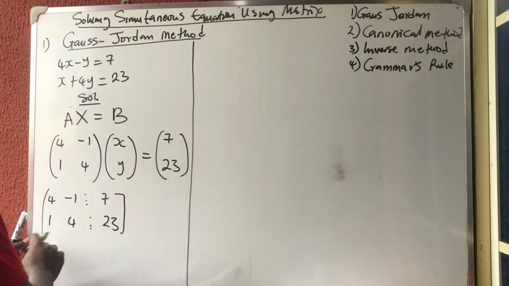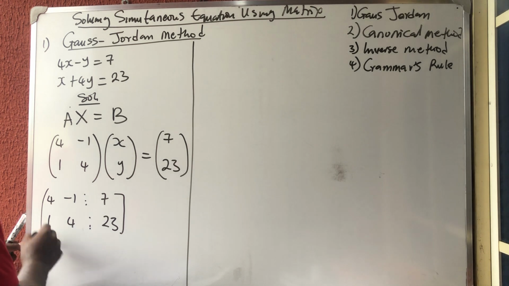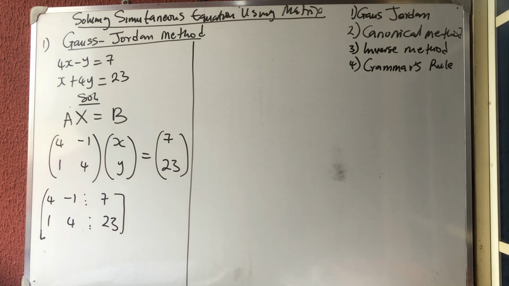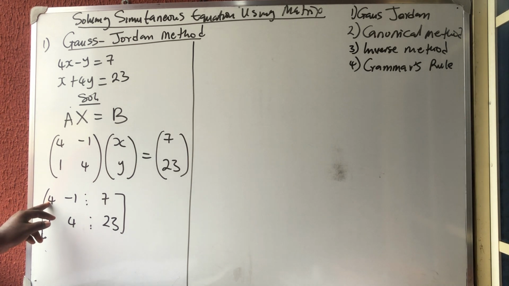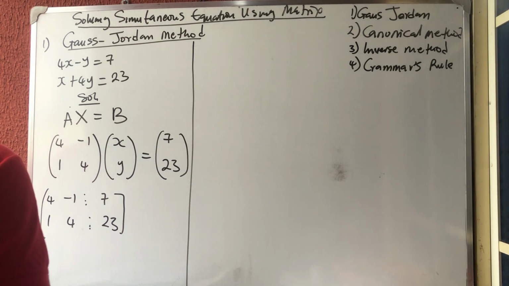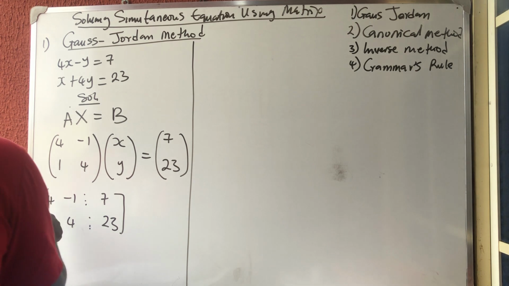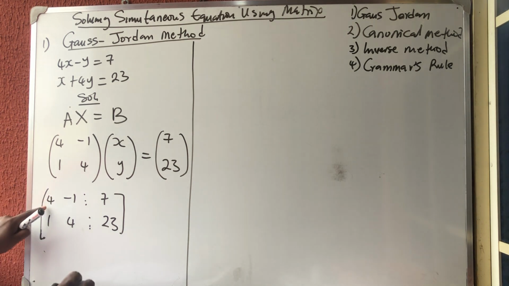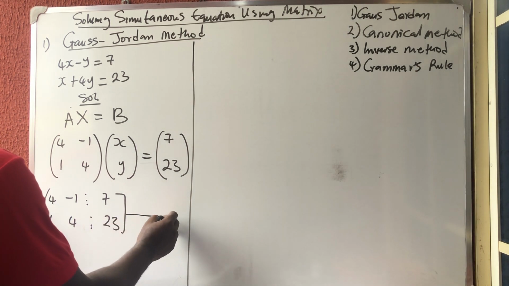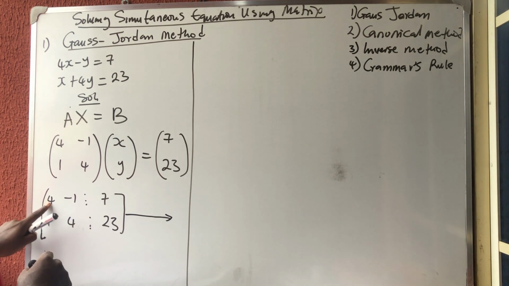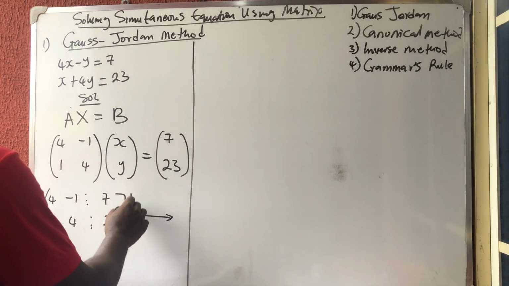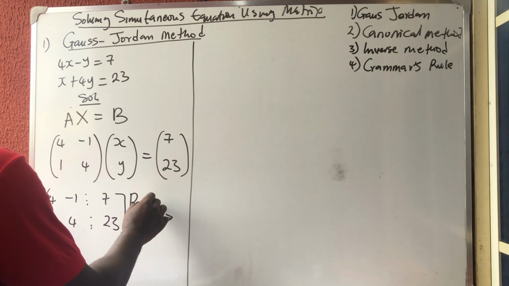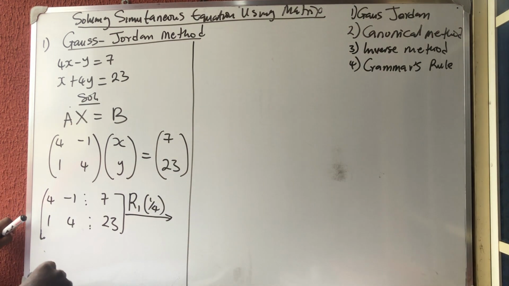Now don't forget, in row reduction, or row reduced echelon form, we make the leading entry 1 and everything else 0. So the first thing to do is reduce this 4 to 1. How do you reduce it to 1? By multiplying the row by the inverse, and the inverse of 4 is 1 over 4. We say row 1 multiplied by 1 over 4. That is what will make it 1.